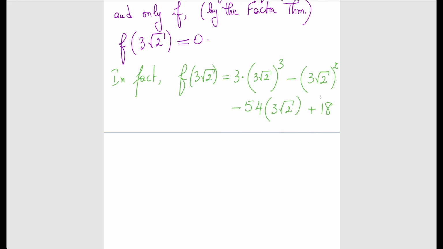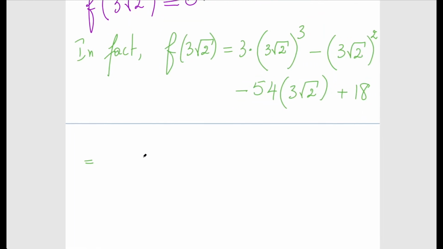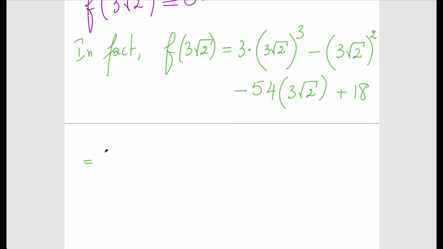All right, let's evaluate this. Let's keep that 3 outside. How about I do this part before? Because that guy is this times one more 3 square root of 2.